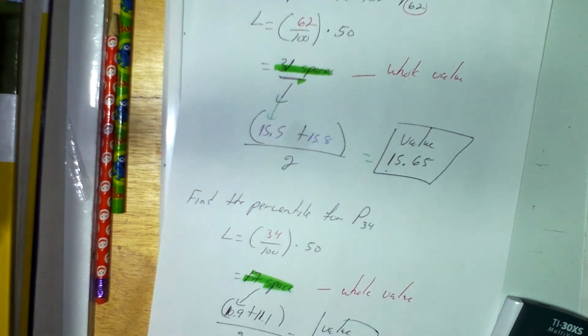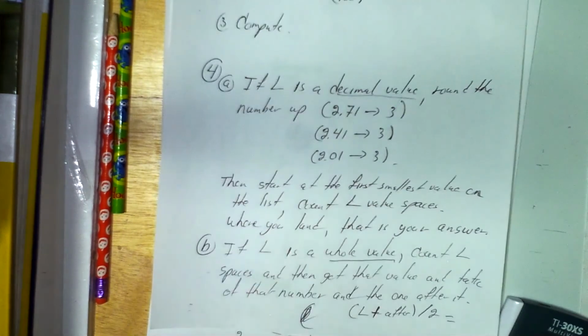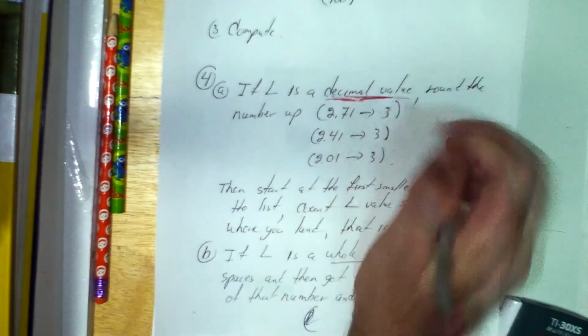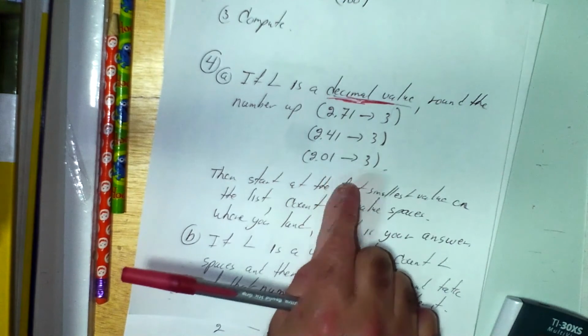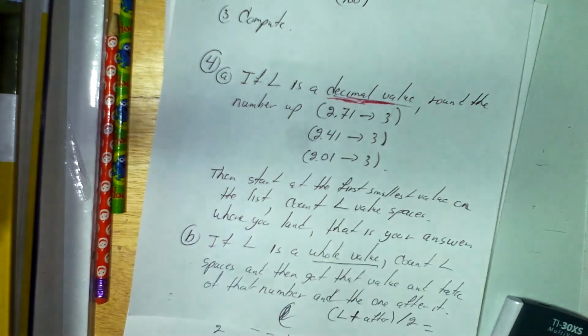Okay, so let's go over it again. If L is a decimal, you bump it up, count that many number of spaces, and where you land, that's your answer.